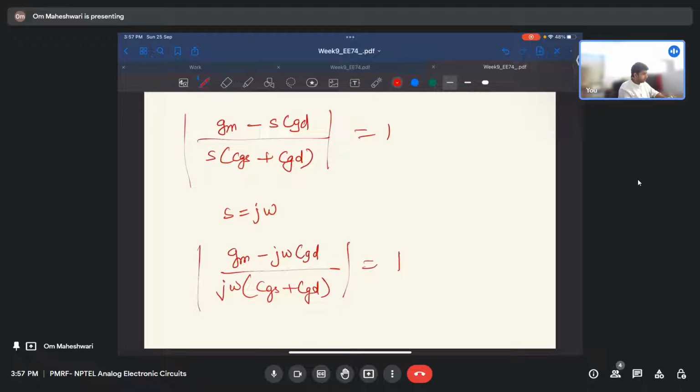So how to take the mod? It will simply be the whole square, so it will be the square root of Gm square plus omega square CGD square equal to omega square (CGS plus CGD) whole square.